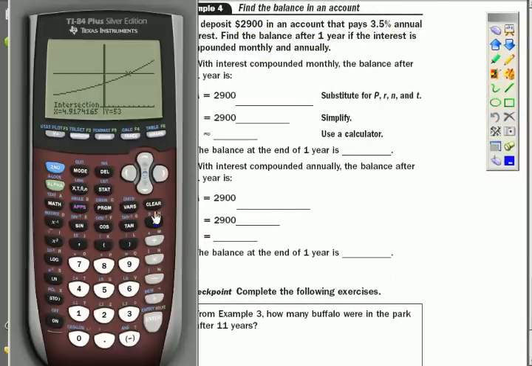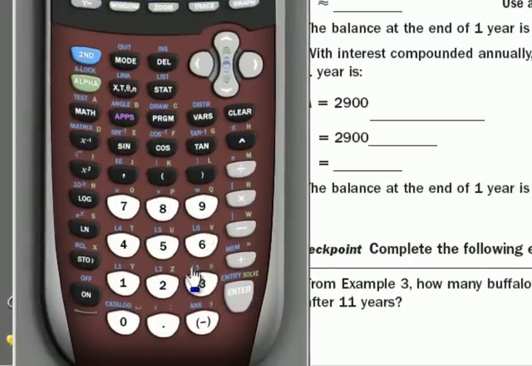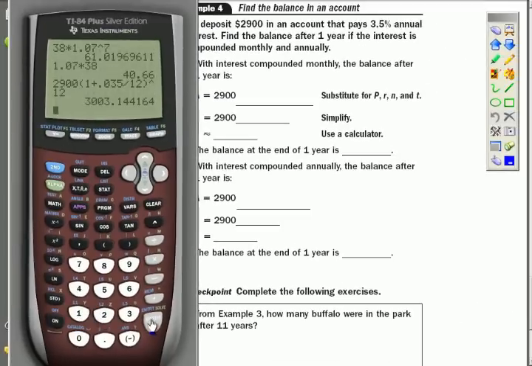So if I put all that into my calculator, let's grab my calculator again, and we have, quit out of this, and I have 2,900 times 1 plus 0.035 divided by 12 to the 12th power. And that means after 1 year at 3.5% interest, I'm going to have $3,003.14 in the bank.